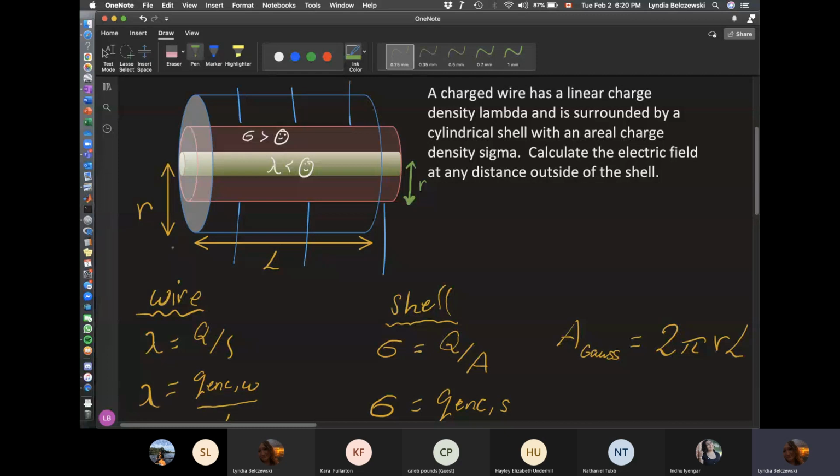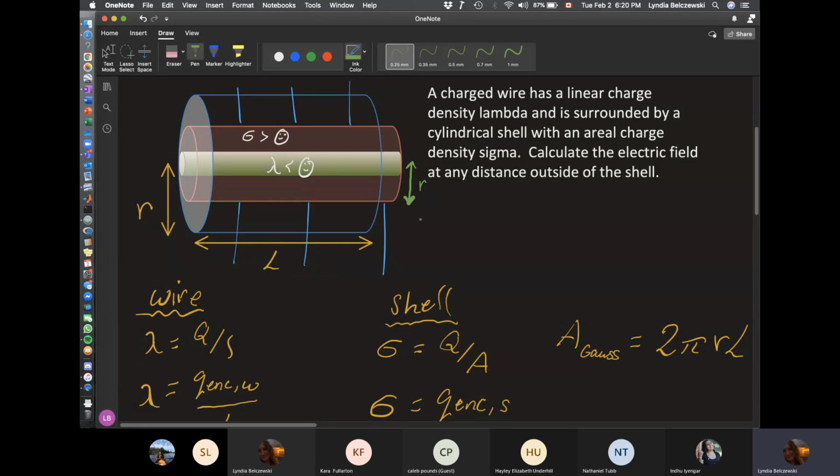So that's why I made it R. It's a bit of an arbitrary measurement, because it's the radius of the Gaussian cylinder, which, again, is not a real object. It's just the imaginary shape that we're using as a tool.